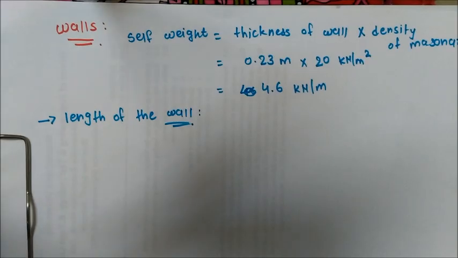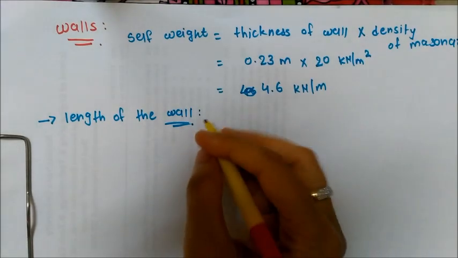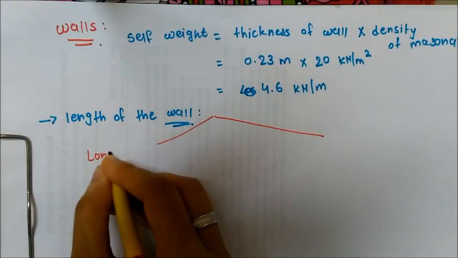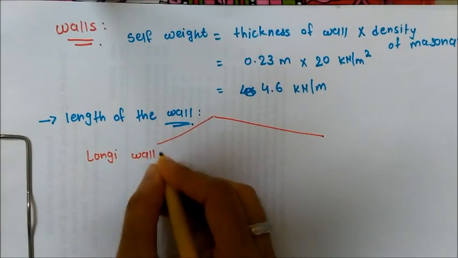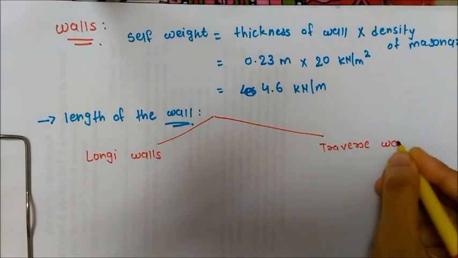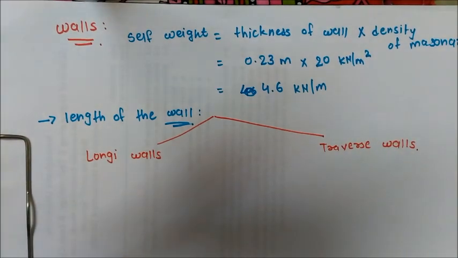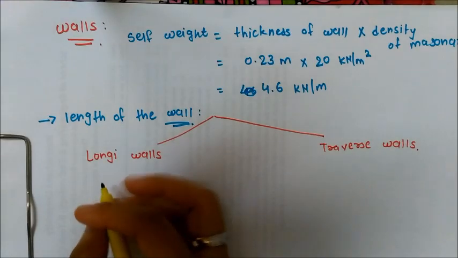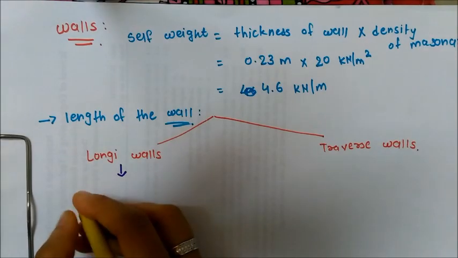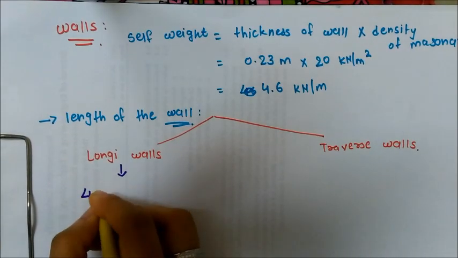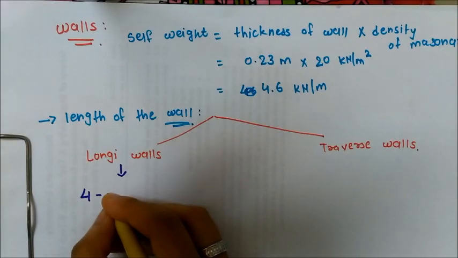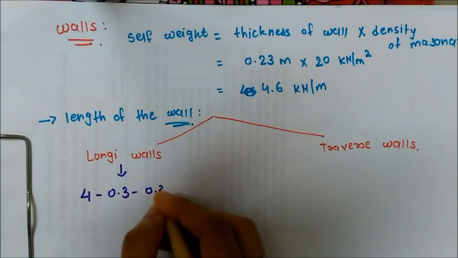As we already discussed in the beam portion, here we also have to bifurcate for the longitudinal walls and the transverse walls, as the length of the wall will change. When we talk about the longitudinal walls, our total grid line distance is 4 meter, and you have to deduct the width of the column for each direction, 0.3 minus 0.3.